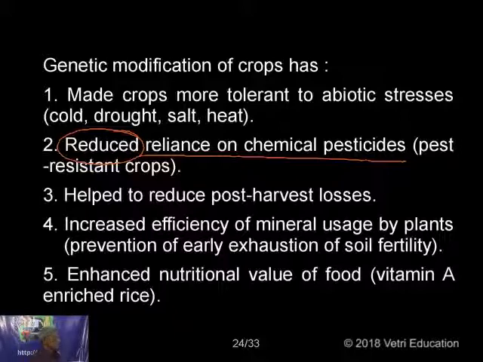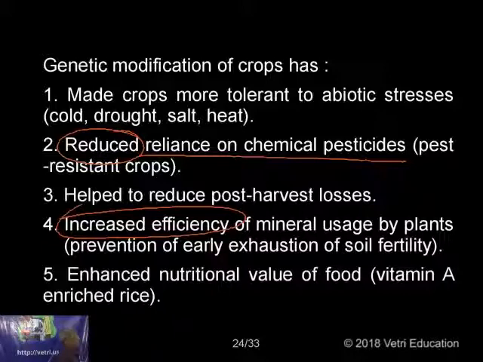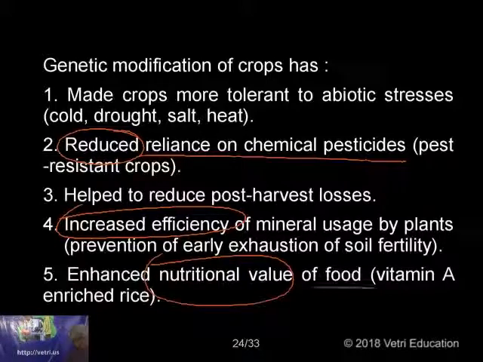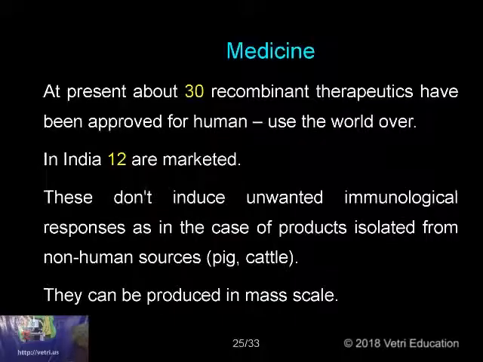It increases the efficiency of mineral usage by plants, so you can make a plant take more minerals. Then it enhances the nutritional value, the food value. You can increase the protein value and the vitamin value. All these things you can increase by means of biotechnology.